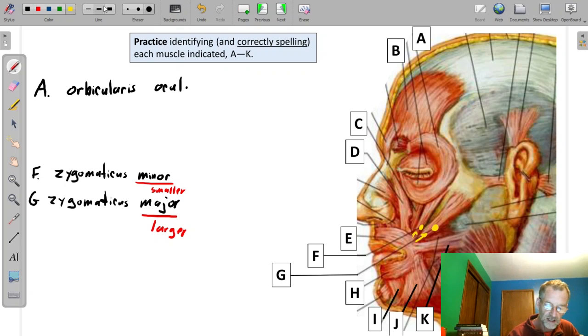So here is the Zygomaticus Major, ZM, heavy, fell to the bottom. Zygomaticus Minor, smaller, lighter, floated to the top. That's how my brain makes little connections to keep those straight, for example.